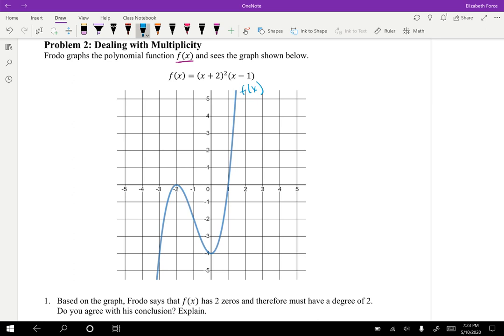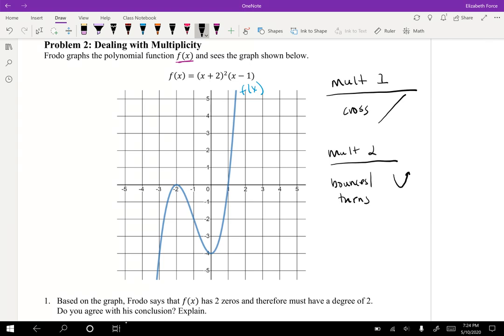And if we go back to lesson 10, I believe it was, if you have a multiplicity of 1, then you cross the graph. If you have a multiplicity of 2, then it bounces or it touches and moves back, changes direction. Remember, a multiplicity of 2 acts like a quadratic at that zero.